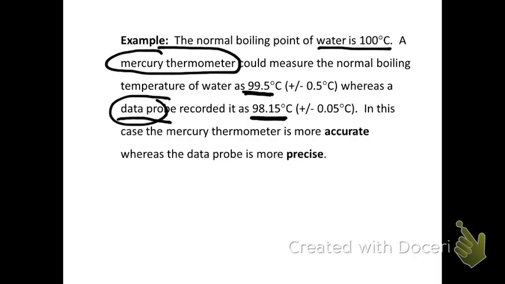So therefore, again, we would say that the mercury thermometer is more accurate because it gives us closer to the true value of the boiling point of water at 100 degrees C. But the data probe is more precise because we can measure more digits or significant figures.